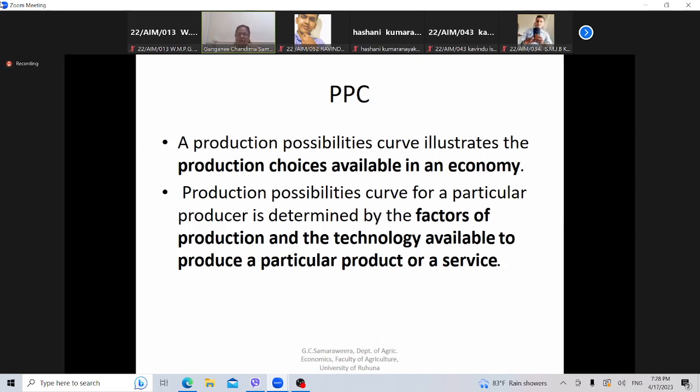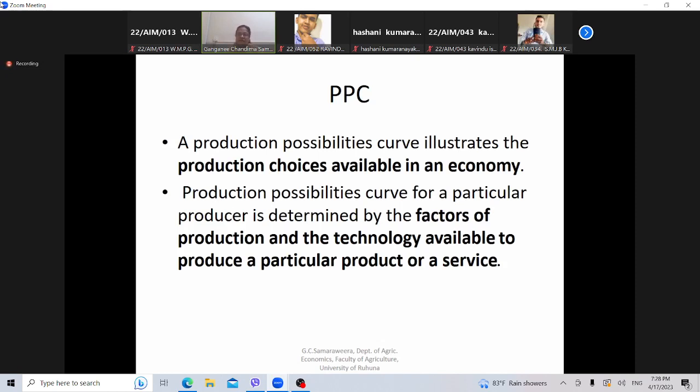So a production possibility curve for a particular producer is determined by these factors of production. Whether he has land, labor, and capital, financial as well as human capital, only then is the production process going on. Another important thing is technology.